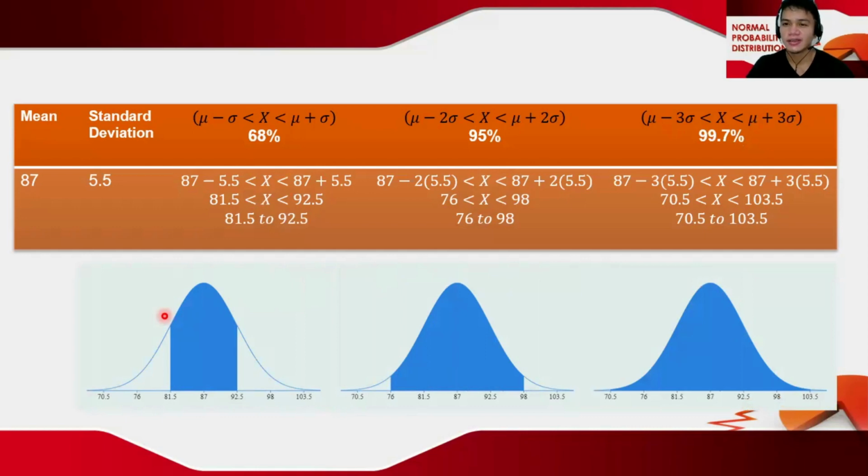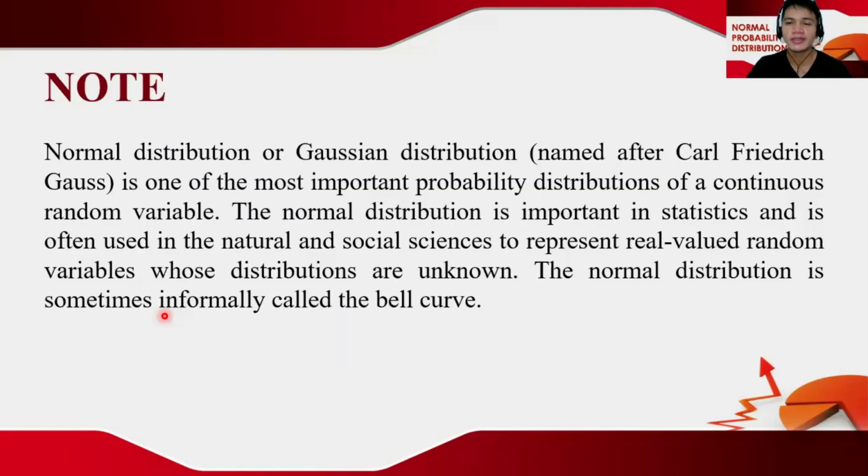Now, since we already mentioned the Z-score or the standard normal distribution, let's talk about it, but before going any further, allow me to give you this note. Note that the normal distribution or Gaussian distribution, named after Carl Friedrich Gauss, is one of the most important probability distributions of a continuous random variable.